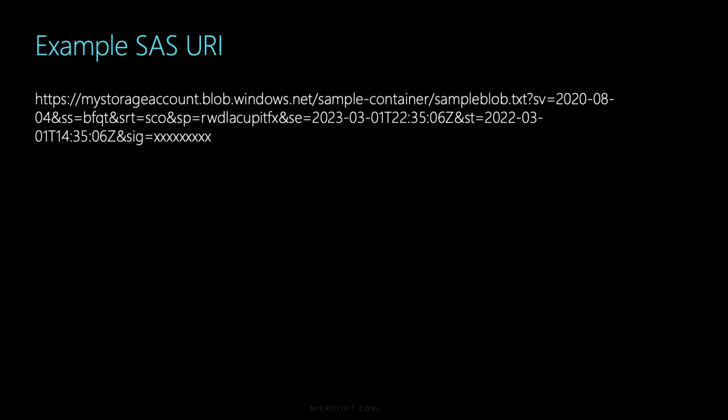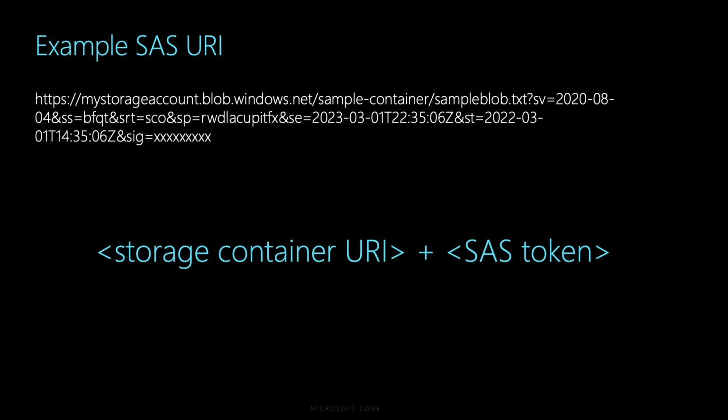Now, let's take an in-depth look at the composition of this SAS URI. Here we have a complete SAS URI with a string of X's acting as placeholders for the signature value. Again, this follows the format of the storage container URI with the token appended to the end of it. We can see here that the token starts where the question mark is found.